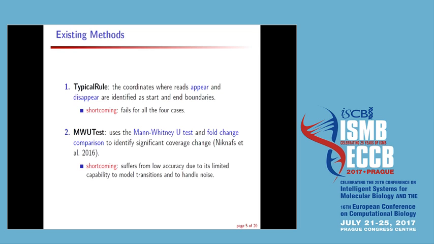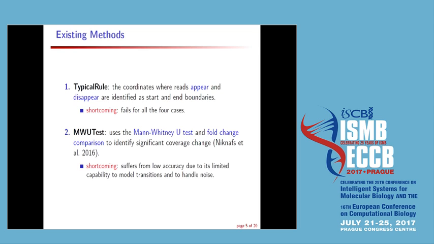Some of the assemblers use a very simple rule called the typical rule. Basically, this rule identifies boundaries at those coordinates where reads start, appear, or disappear. The shortcoming of this rule is that for all the four situations we just saw, it will fail.